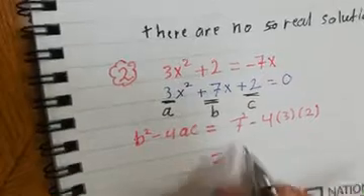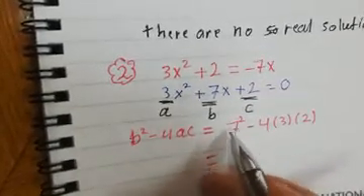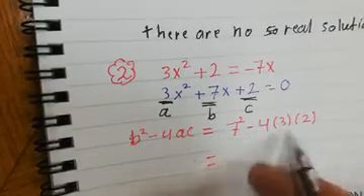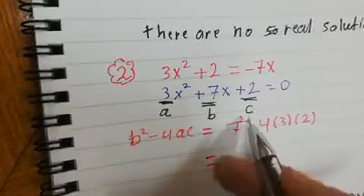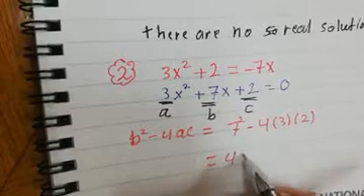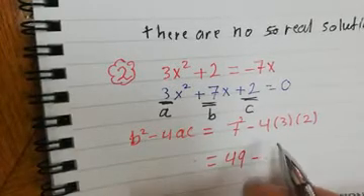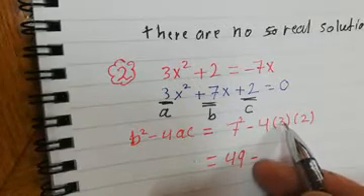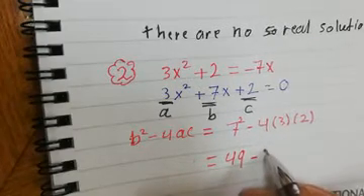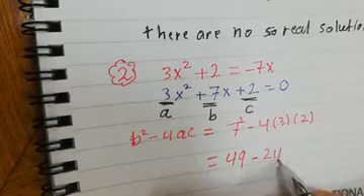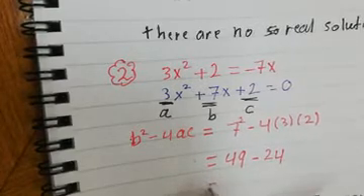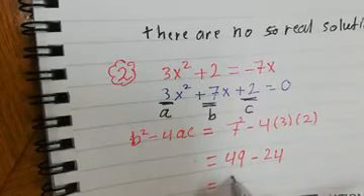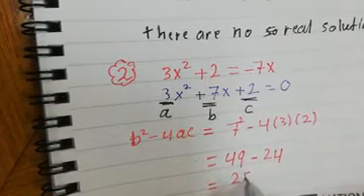You have to apply the exponent first, then the multiplication, then the subtraction. 7 squared is 49, minus 4 times 3 times 2: 4 times 3 is 12, multiplied by 2 is 24. So it's 49 minus 24, which is 25.